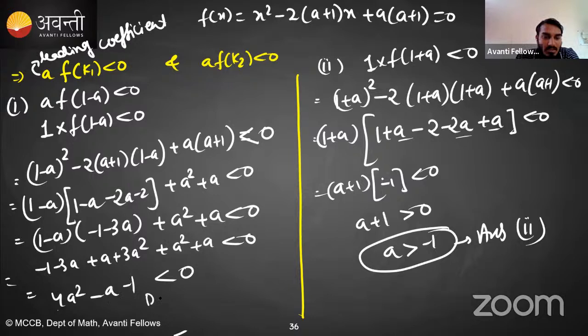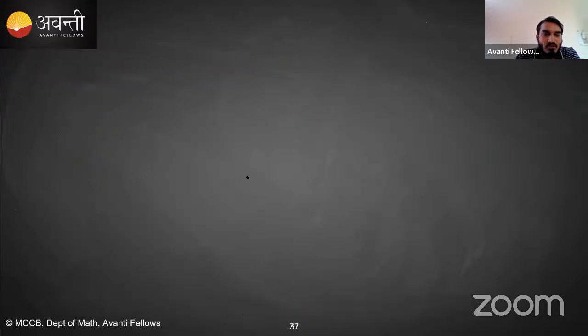So what is this? What is your D? D निकालो. b square plus 4ac. So D निकालते root 17 आ गया है ना? तो इसके रूट्स क्या आ रहे हैं?